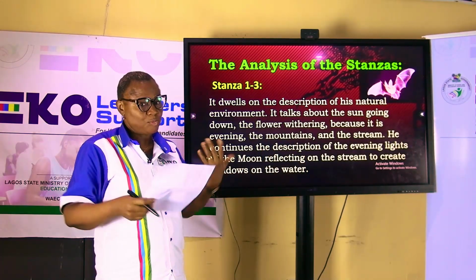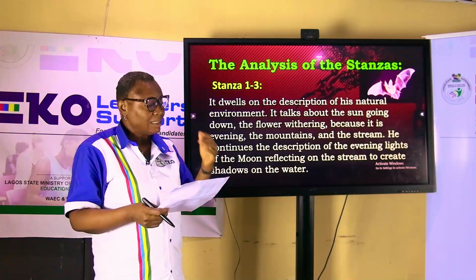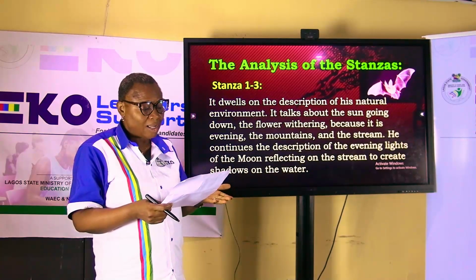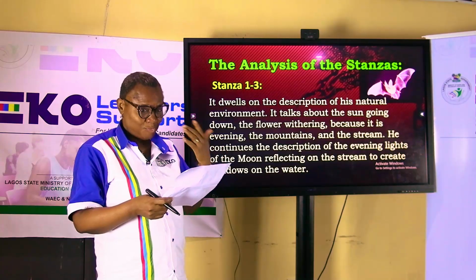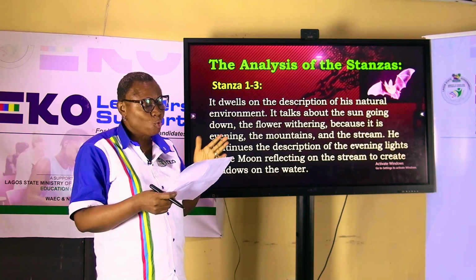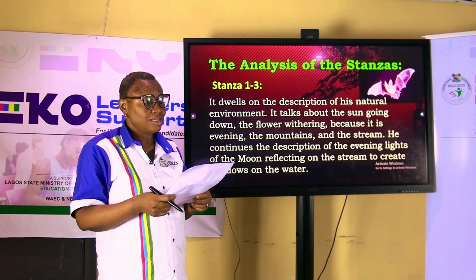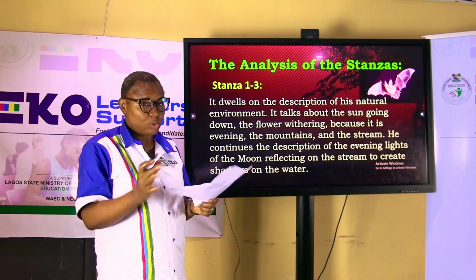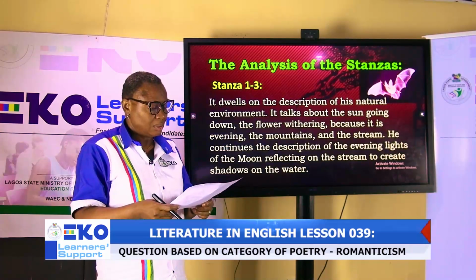And the world is taken by surprise. And what's the surprise? It just becomes dark all of a sudden. When the tired flower of Florence, we have alliteration, we have personification, is gloom beneath the glowing brown hues. That is, it begins to wither. It's not looking beautiful again because there is no sun.